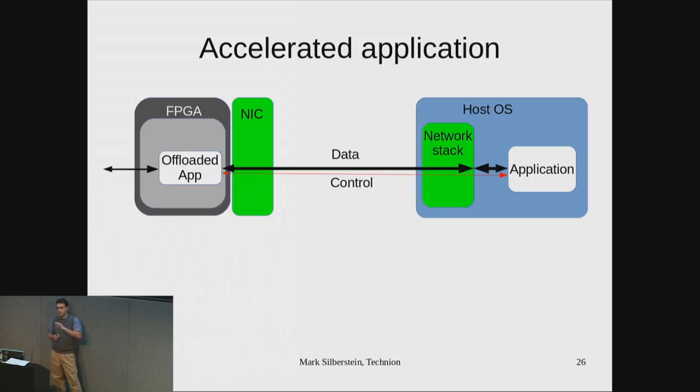And apparently data and control go very different paths, because now the control of the application should stretch all the way down to the part of the application running in the NIC. And the data may also go directly between the application and the NIC without passing through the network stack. So things definitely change here. Let's go one by one and see what these changes imply in terms of the system infrastructure.